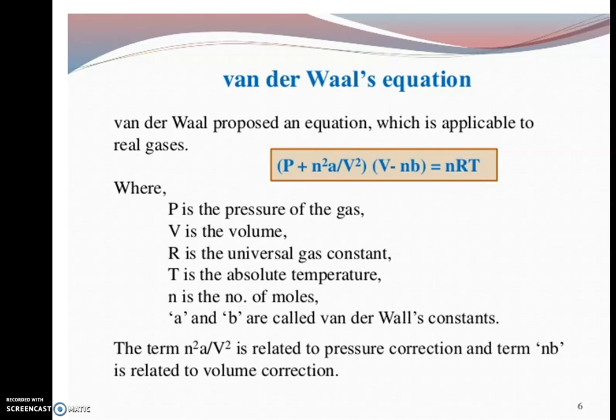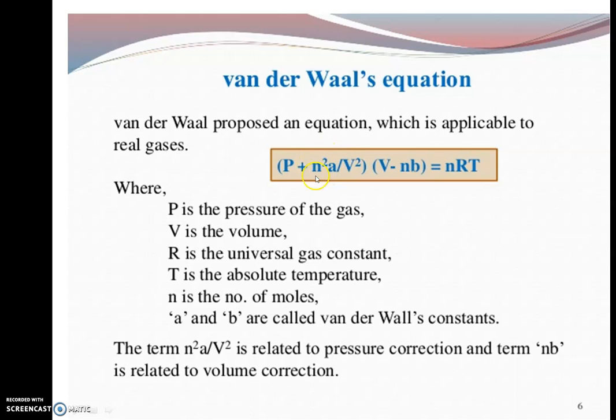Here P is the pressure of the gas, V is the volume, R is the universal gas constant, and n is the number of moles. These we have all seen in the ideal gas equation PV = nRT. Then what are a and b? a and b are the Van der Waals constants. The term n²a/V² is the pressure correction.